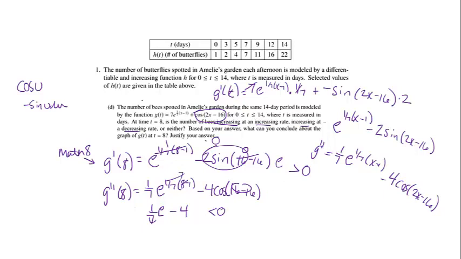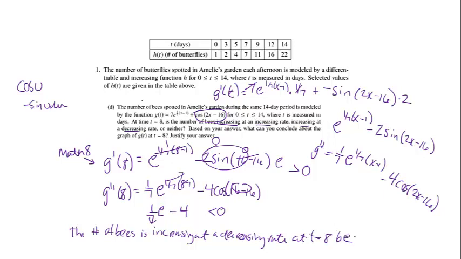So if I want to know what is happening with the number of bees, the number of bees is increasing at a decreasing rate, because we got a negative for the second derivative, at t equals 8, because G prime of 8 is greater than 0, and G double prime of 8 is less than 0.